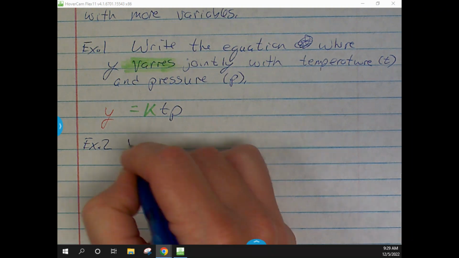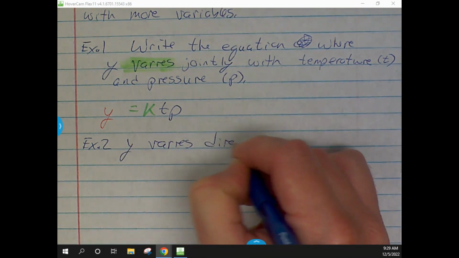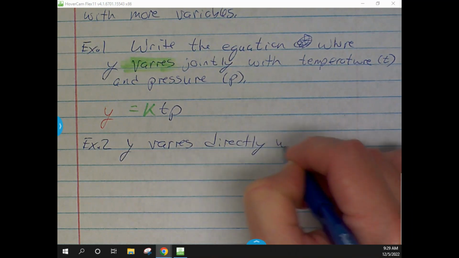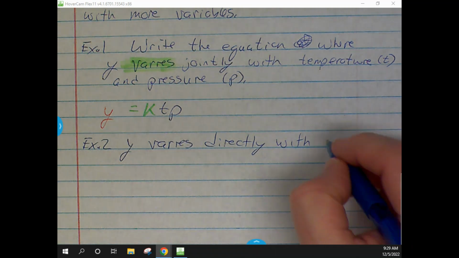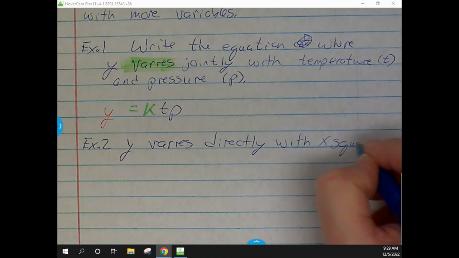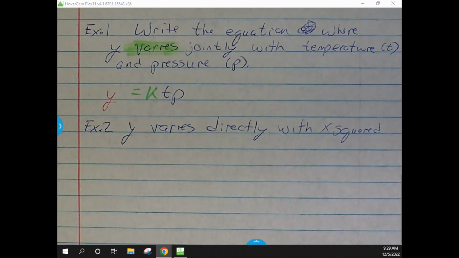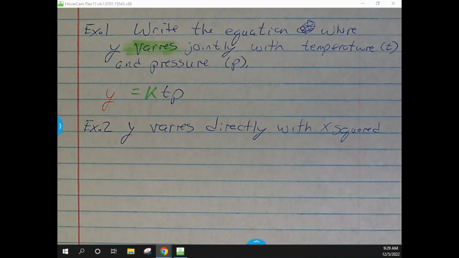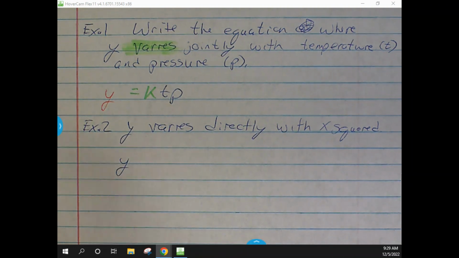So let's do another here. Let's do y varies directly with x squared. All right, so you've got your y.